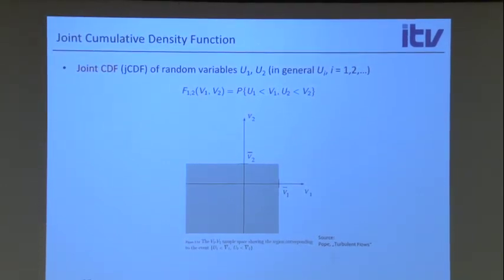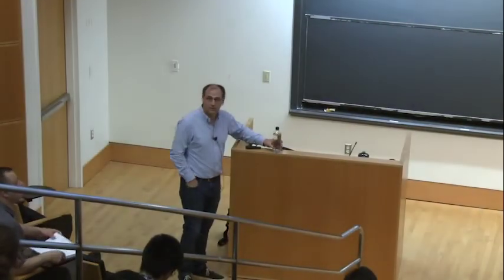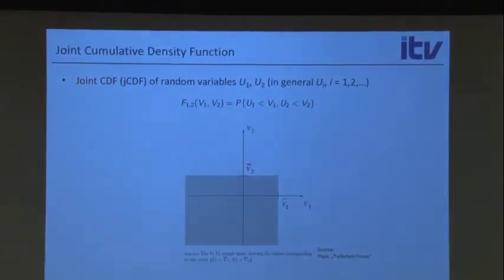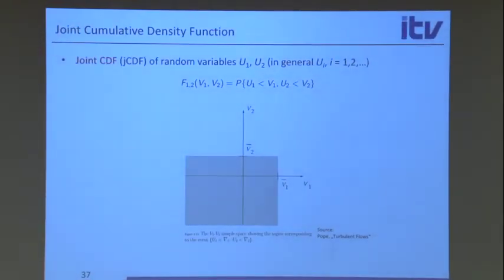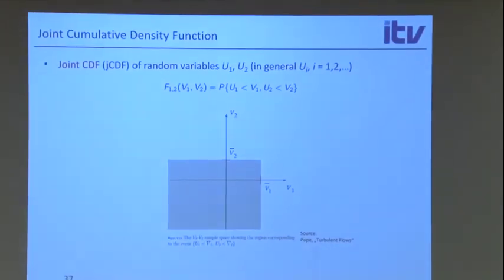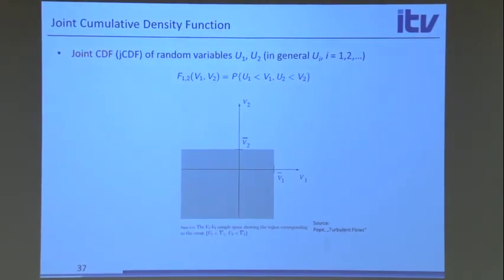And then in combustion, very often we are worried about what's called joint PDFs. Very often we have a function not only of one variable, but of many variables. For example, a chemical source term, you see here, is a function already of 3 different variables: fuel mass fraction, oxygen mass fraction, and temperature.